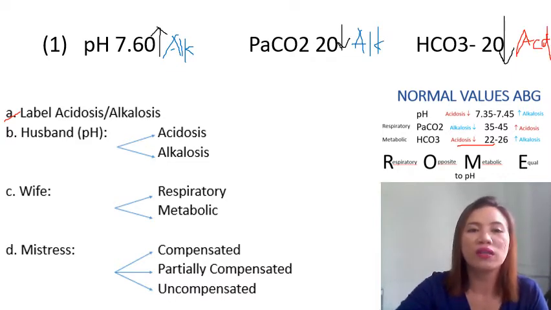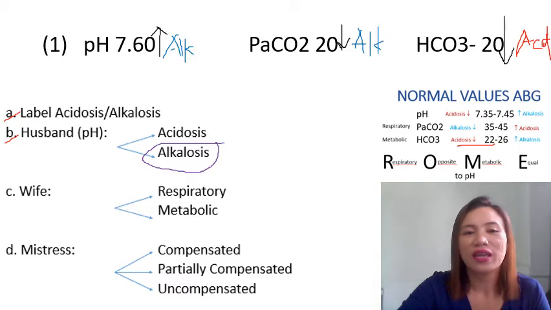Now let's look at the husband, the pH. Is your pH acidosis or alkalosis? It's definitely alkalosis. Now, how about the wife? Which of them is the wife?